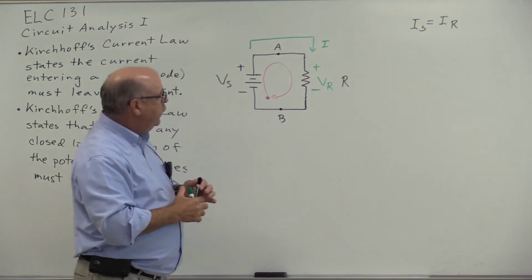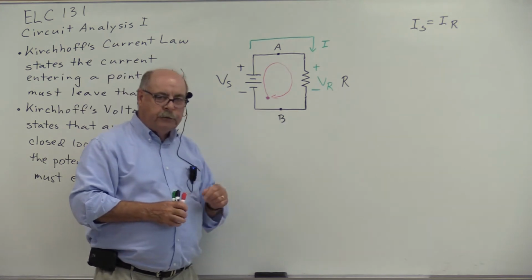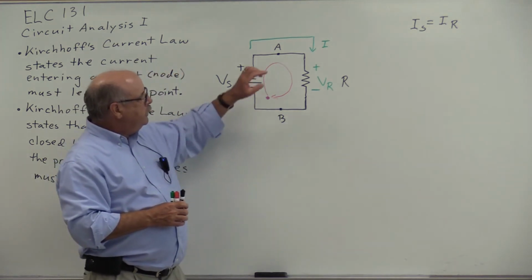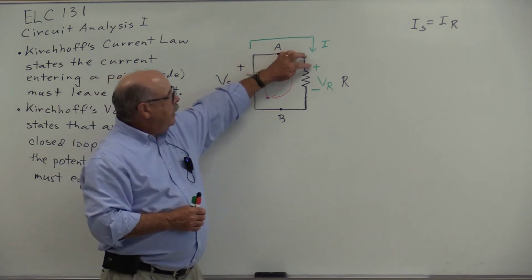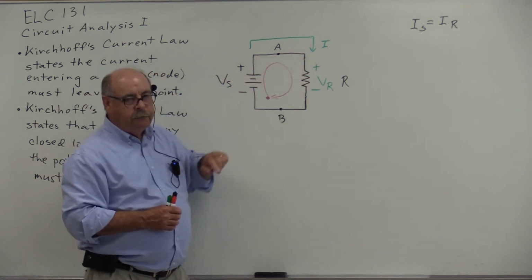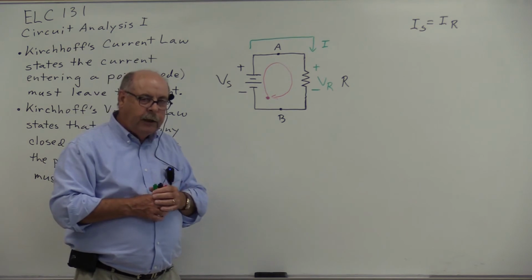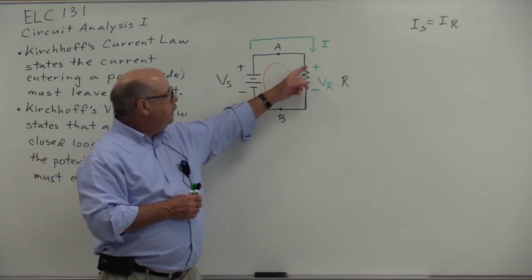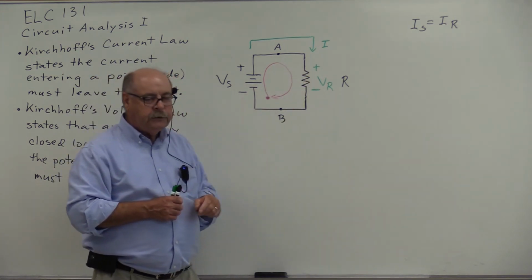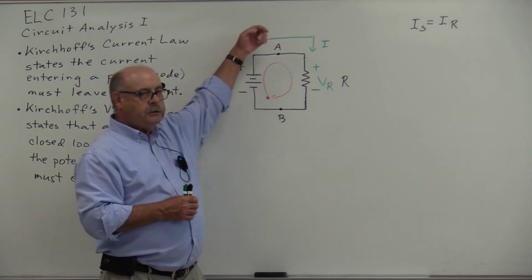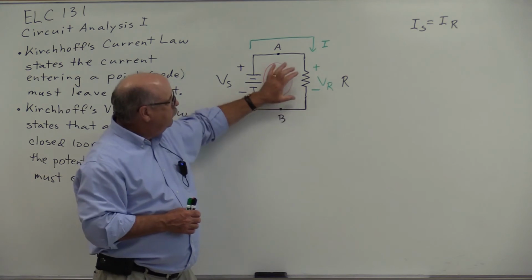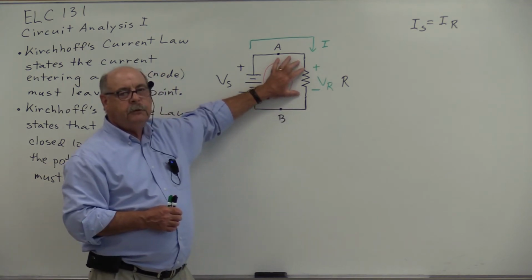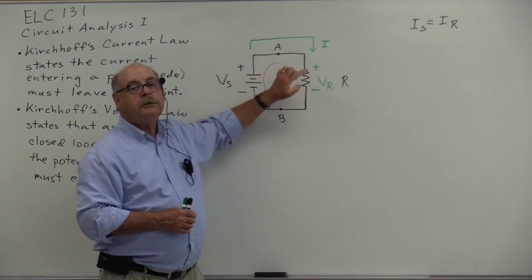And we'll call that voltage difference, that potential difference, that voltage drop, VR. And note that I've assigned a polarity to that voltage drop, positive to negative, and this polarity is determined solely by the direction of current. Current flows down through the resistor, so the voltage drop across the resistor, VR, will be positive to negative.